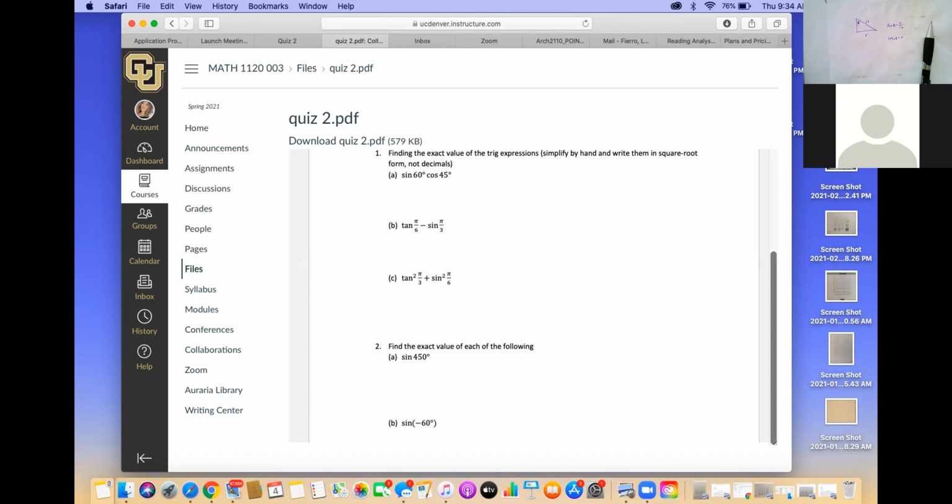B and C, those are the ones I was struggling the most with. Question 1 on the quiz. Yeah, okay, we can do that. Let me just scan my quiz first.